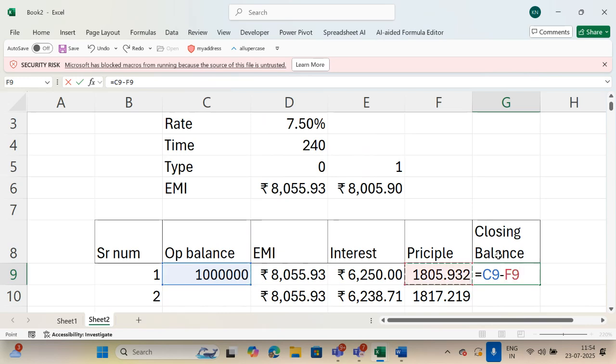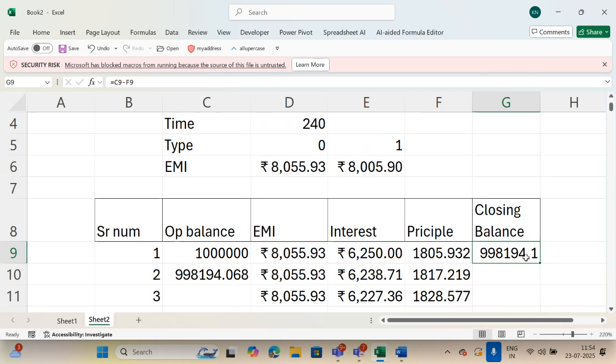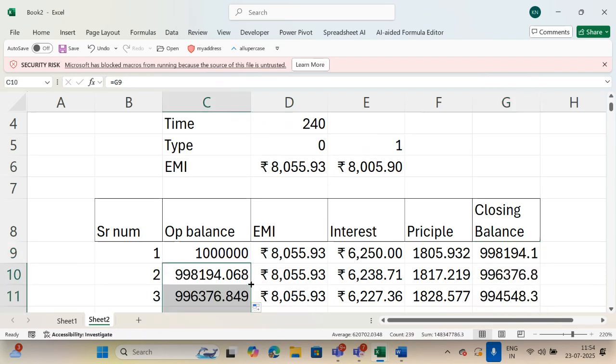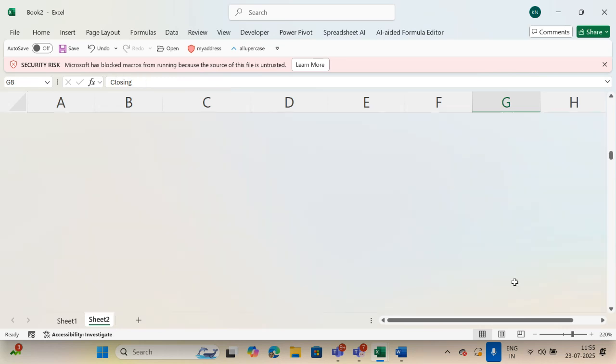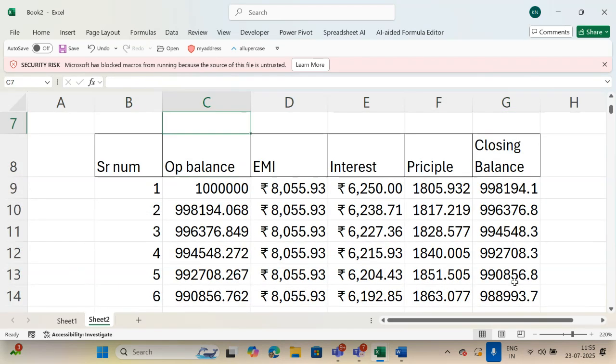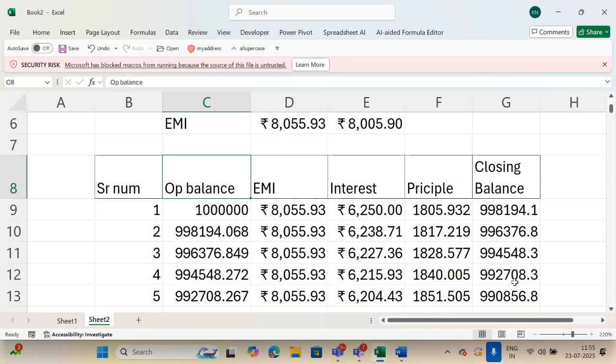Then, see, at the end you will get 0 here. This should be in number format. Is it? This is known as a loan amortization chart.